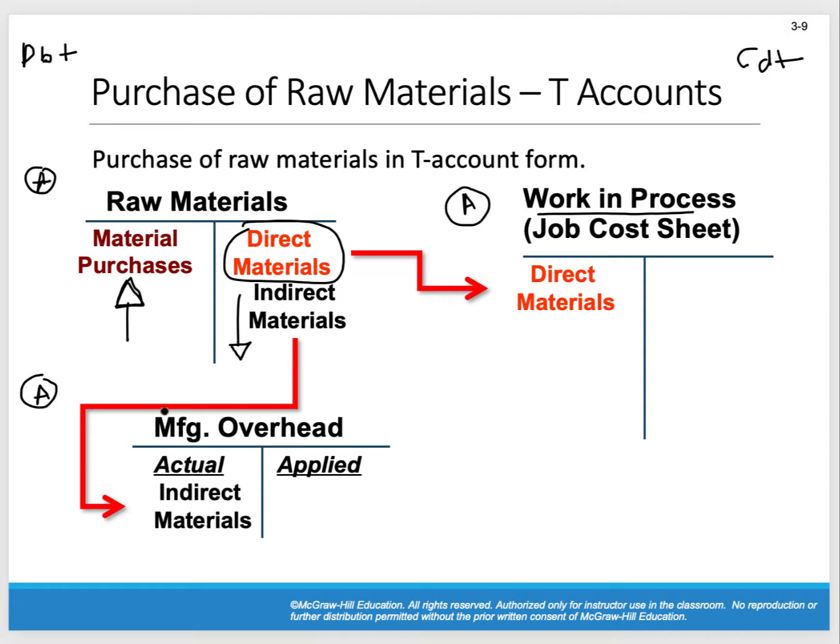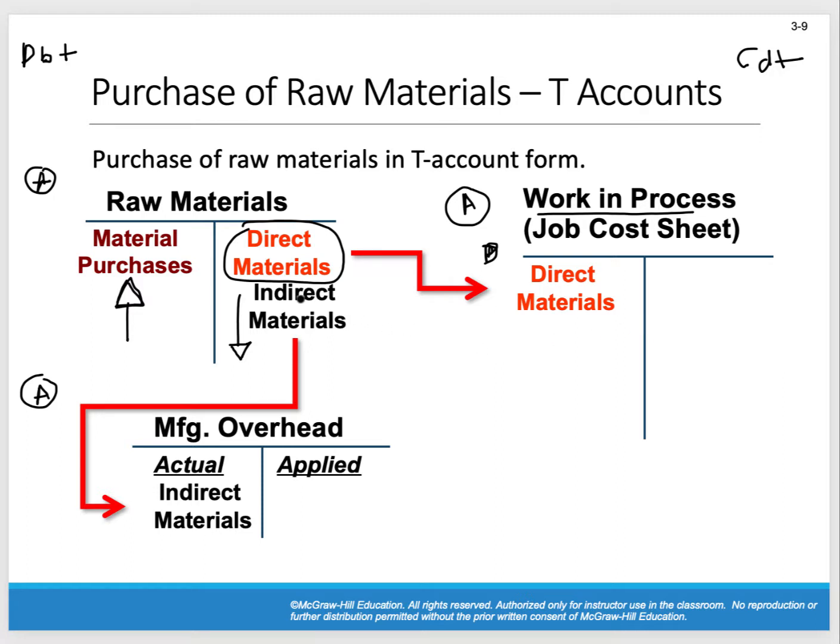Okay, so that's step one. If you know that, fantastic. Okay, you're ahead of the game. How mechanically do we make that happen? Well, to move raw materials to the WIP account, we're going to credit the raw materials account for the amount of our direct materials, and we're going to debit, which is the left side, the work in process account.